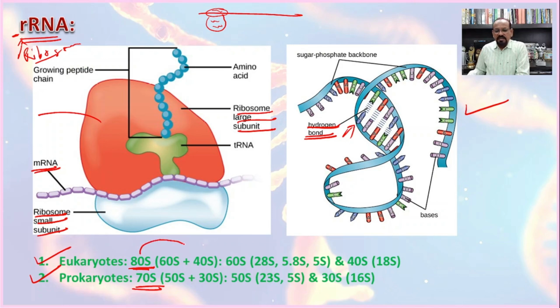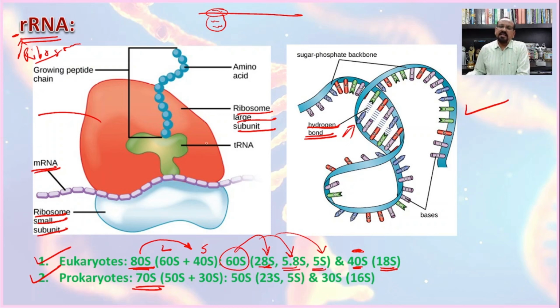These 80S ribosomes are made up of two subunits, the 60S larger subunit and the 40S smaller subunit. In the larger subunit there are three different types of rRNA, that is 28S, 5.8S and 5S. And in the smaller subunit in eukaryotes there is the rRNA 18S.